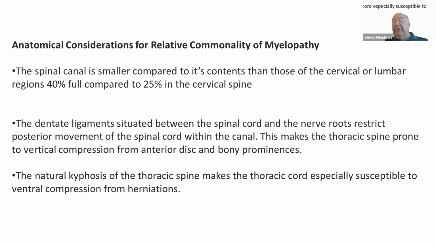So a disc herniation coming backwards and onto the cord, unlike in the cervical spine where it can compress against the fat, or the lumbar spine where you've got more room, here there's much more chance of the cord being damaged by a disc herniation or osteophytosis. Now, when you compare these two things, the relative size of the canal and the dentate ligaments, it's quite easy to see why myelopathy is much more common in this region. Also, the kyphosis of the spine tends to push everything backwards.